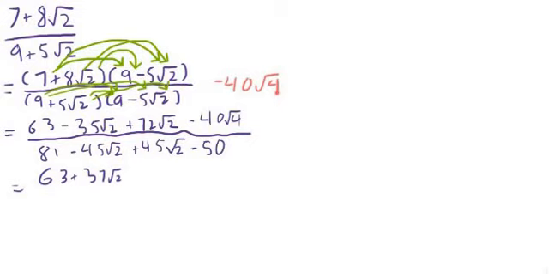Root 4 is equal to 2, makes it minus 40 times 2, which equals minus 80. So it will also be minus 80 here. And then all this over, because the 45s cancel out, it will be all over 31.